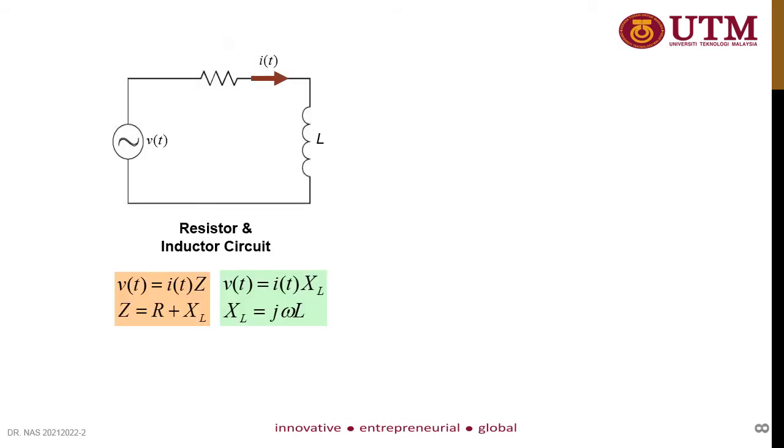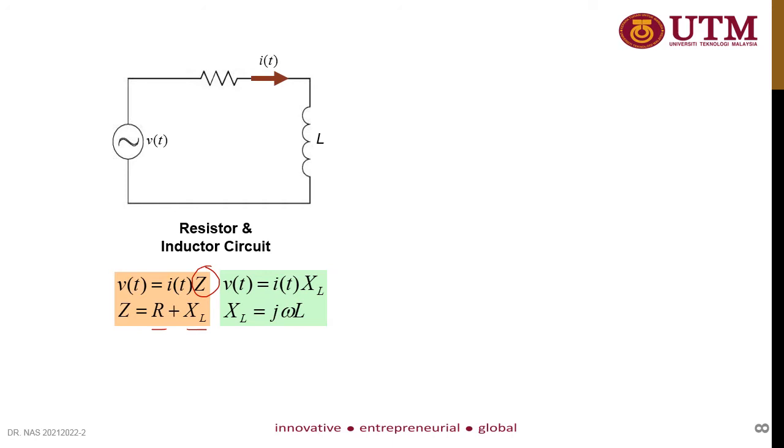When you have a combination of more than one passive component inside a circuit, you need to consider the orientation of the components, whether they are in series or in parallel. For example, in this case, you have the resistor in series with the inductor. So the total impedance Z is equal to R plus XL.